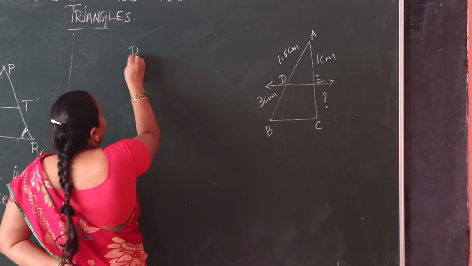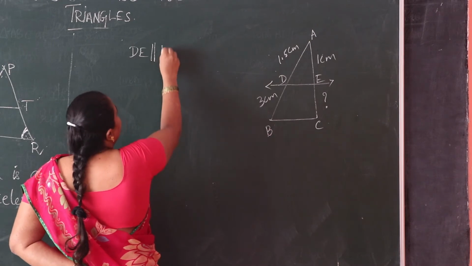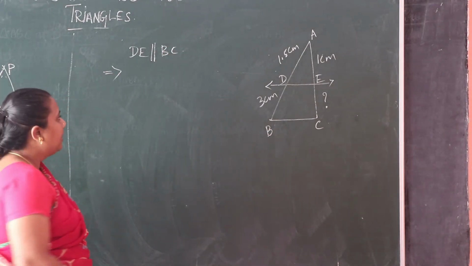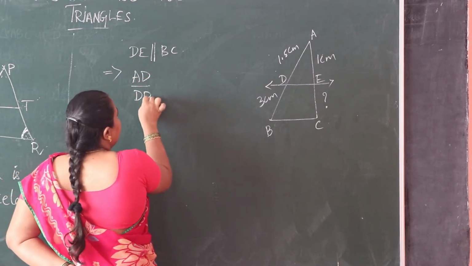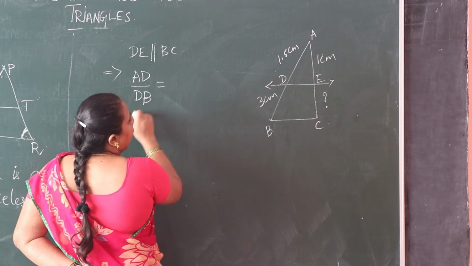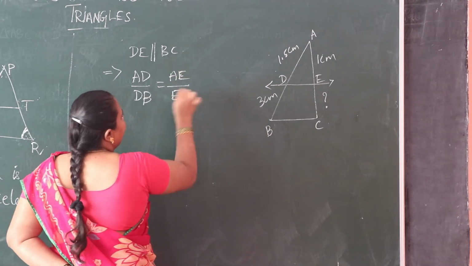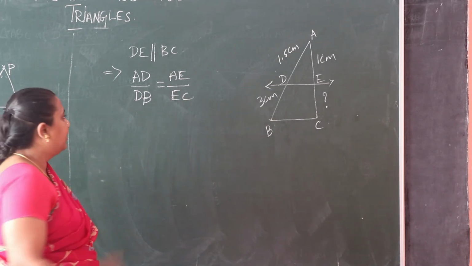Okay, so DE is parallel to BC. From this we can write by the theorem AD by DB equals AE by EC. Now let us substitute the values here.